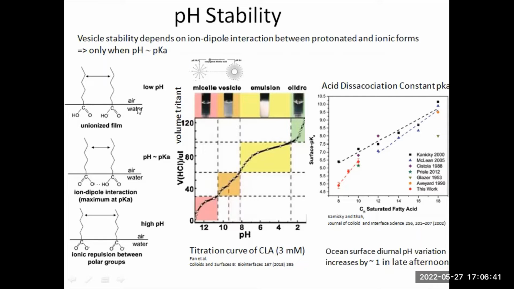And therefore, at this low pH, in which we have a lot of protons or hydrogen atoms in the water, we're not going to get a removal of these hydrogen atoms, which are on this carboxyl group. So therefore, we don't have much of an interaction. We have maybe a dipole-dipole interaction, but a very small interaction between the two of them. And so at low pH, that leads to these emulsions.